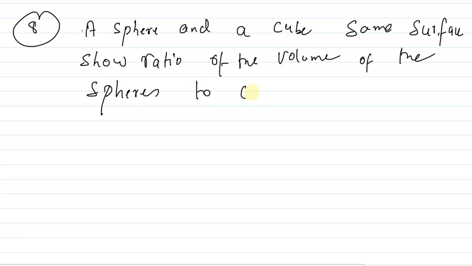How much ratio is given? √6 is to root pi. Like first of all, the question is clear to you. A sphere and a cube have the same surface. We have to show the ratio of the volume of the sphere to cube. So what is the ratio? √6 is to root pi.